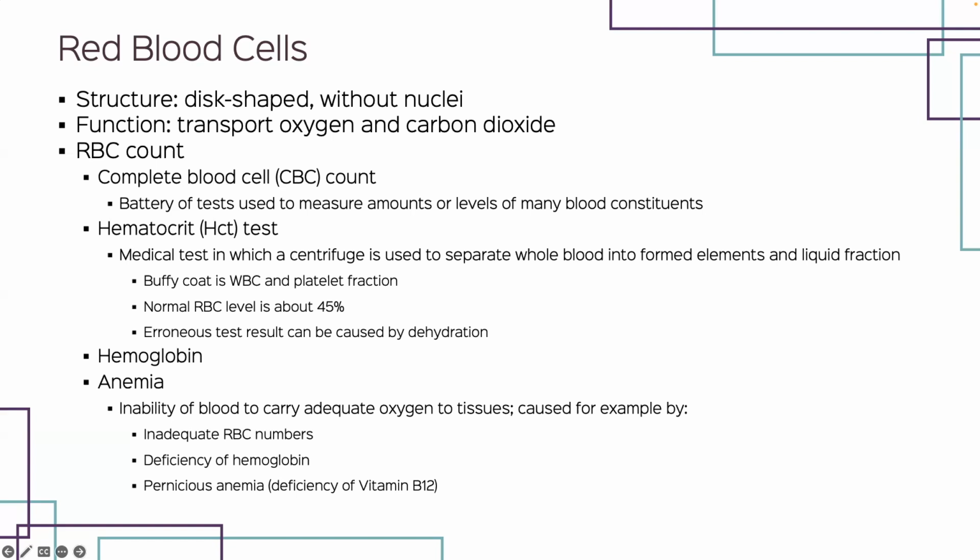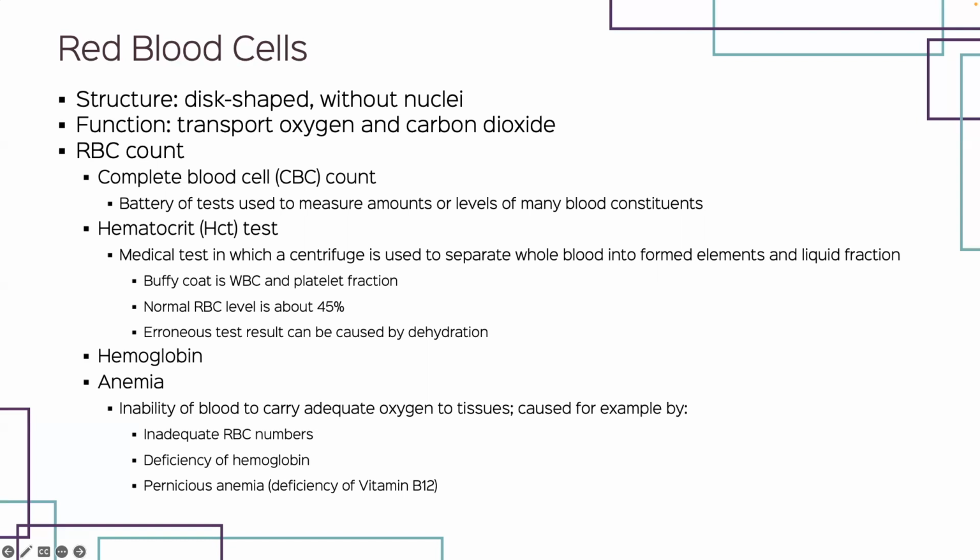The complete blood cell count is a battery of tests that's used to measure the levels of many of our blood constituents, and it is often ordered as part of a physical exam. Measuring the numbers of circulating red blood cells per blood volume is a valuable part of the CBC.